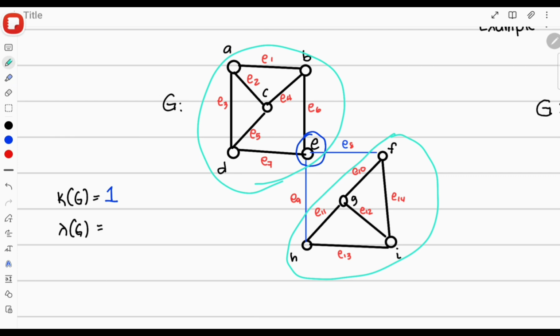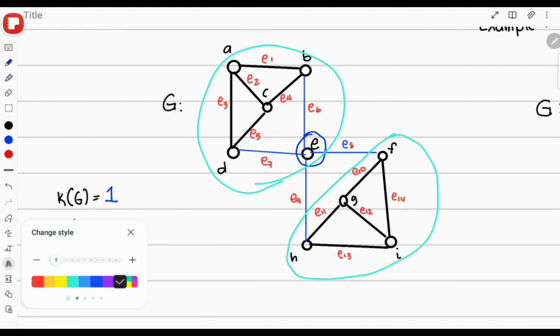So the lambda of G is equal to 2. Other than that, we can also choose this one, this or this, but it's just the same.